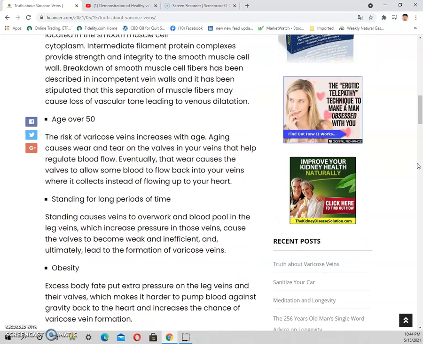Age is a very important factor for varicose veins, because just like any organ in your body, veins get damaged by wear and tear, and that will cause some weakness of the veins and the valves of the veins.